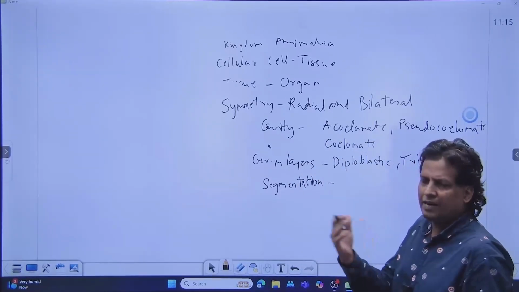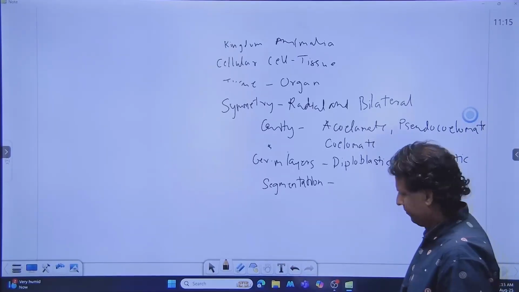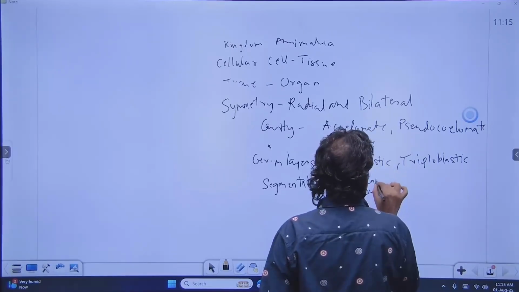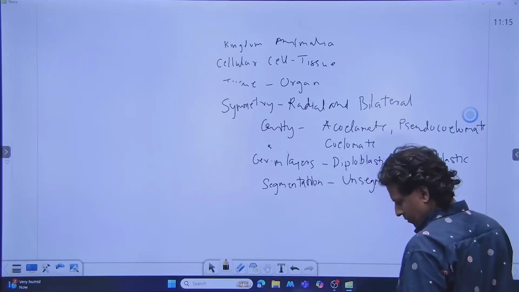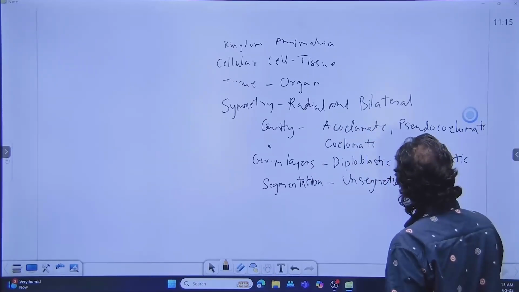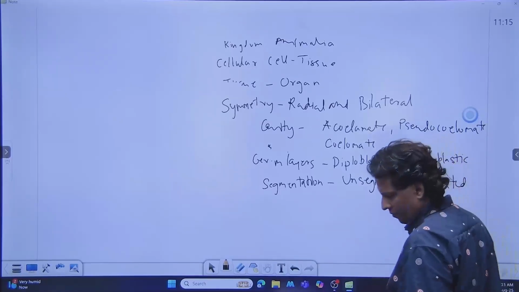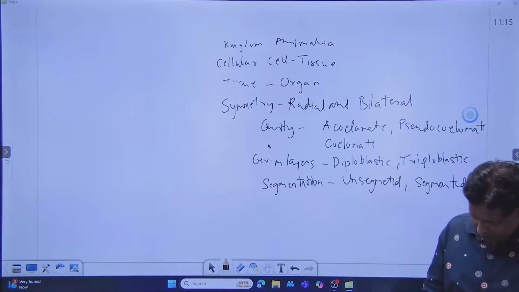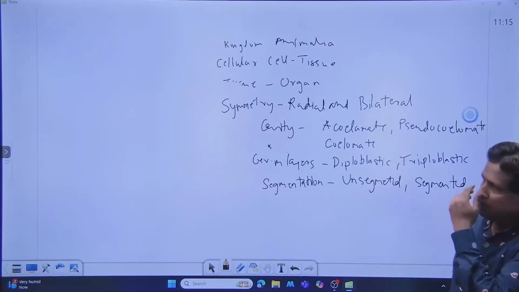Segmentation, whether it has segments or not. Animal body plan. Everybody understood this?